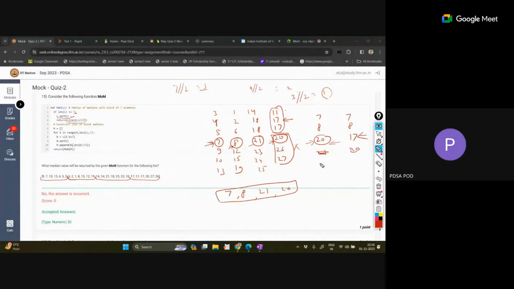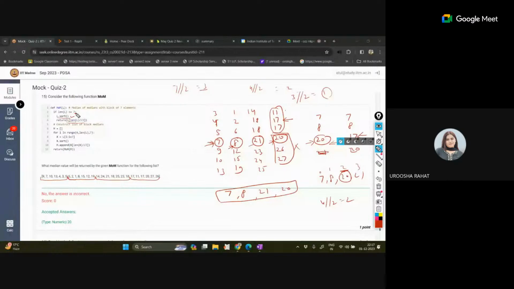This is a collection of medians. So after sorting, 7, 8, 20, and 21. Same thing: what is the length? 4. 4 floor division 2 is 2. So with indices 0, 1, 2, 3, index 2 is this one, 20. Okay, got it, sir. So this will be returned as the median element by the MOM algorithm.